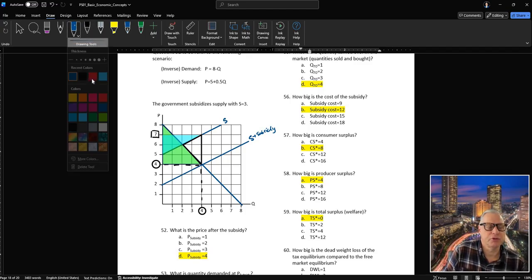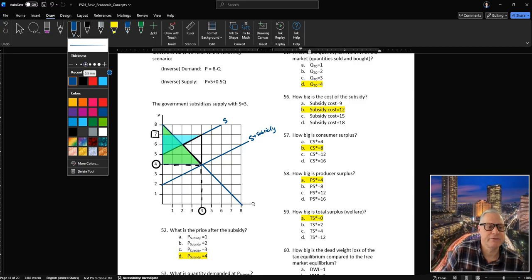Because the true supply function is this one here, the upper one. The supply with the subsidy does not reflect the true cost, the true reservation price that the firms would normally have to charge.